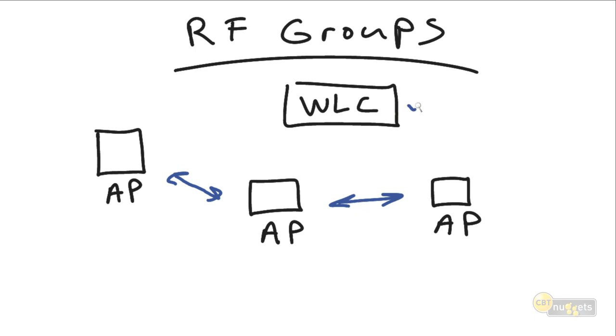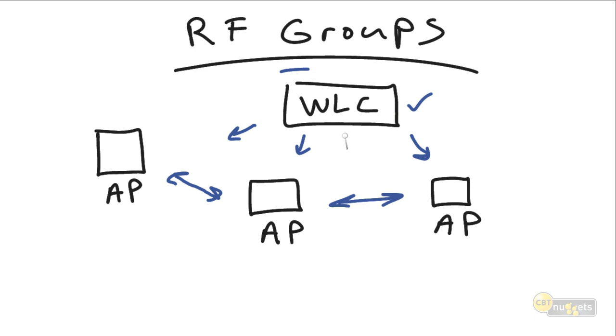We configure this on the wireless LAN controller, and it gets pushed out to all of the access points. Access points that see the same shared secret will validate it, and they'll ensure that their signal strength is at a minimum acceptable level for them to form one of these radio frequency groups.